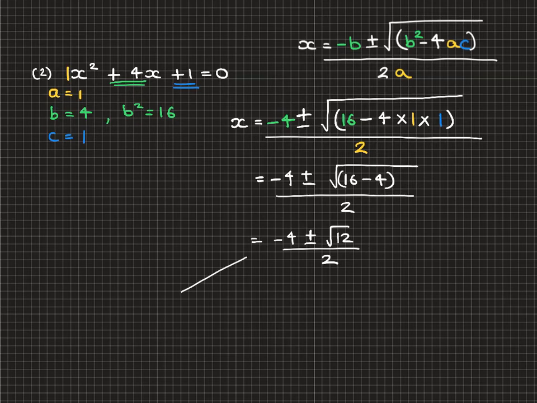So remember, we've got one version of the answer where we would have -4 plus root 12 all over 2. So we're taking the positive version here. And then we would have another version of the answer, which is x equals -4 minus root 12 all over 2.